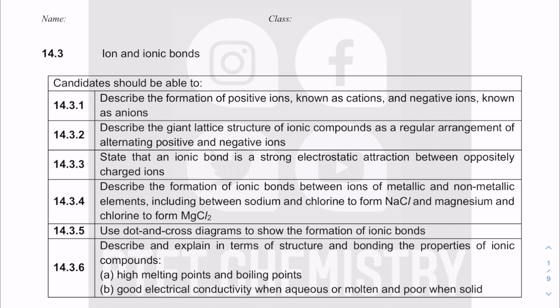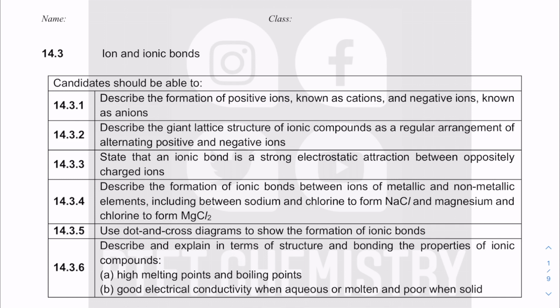This is based on the 2023 combined science syllabus, which is quite common across many of the combined science curriculum, or they call it double science curriculum, across most of the 14 to 16 years old chemistry content all around the world.